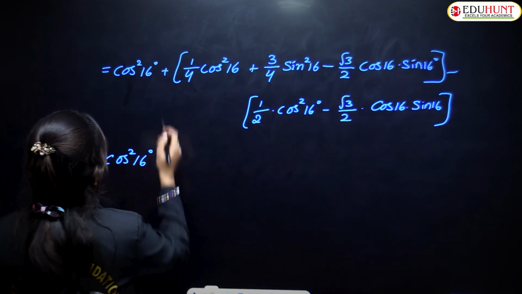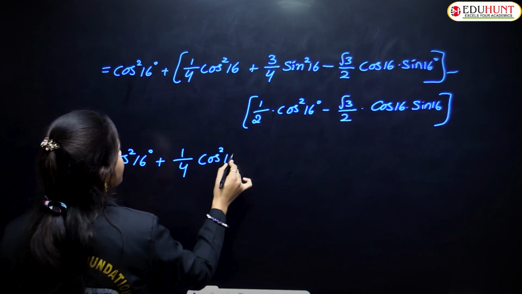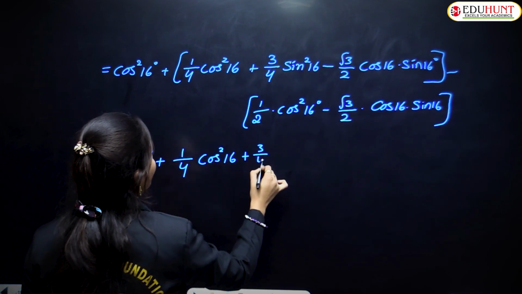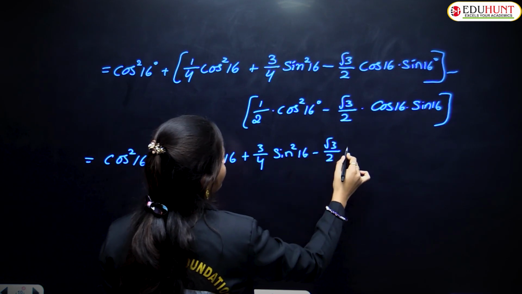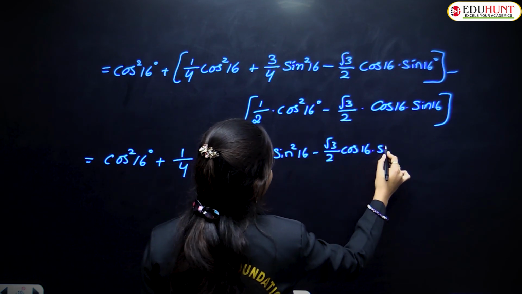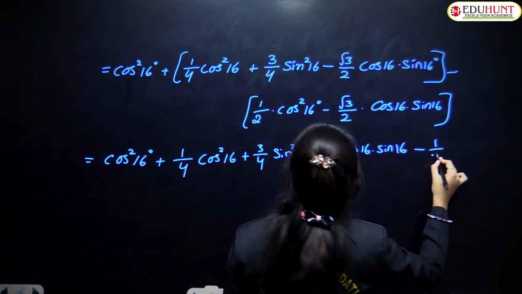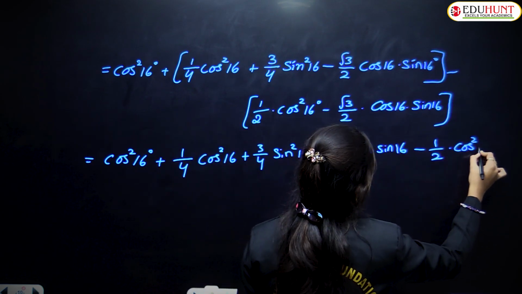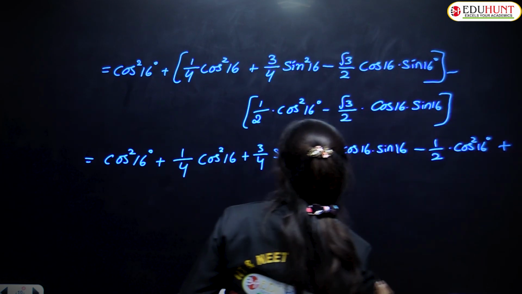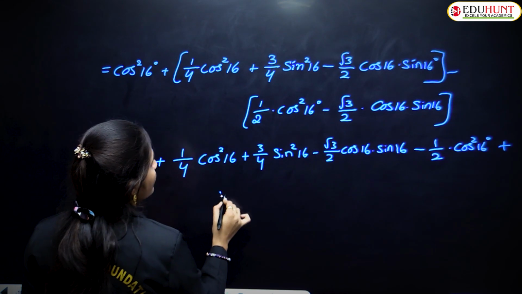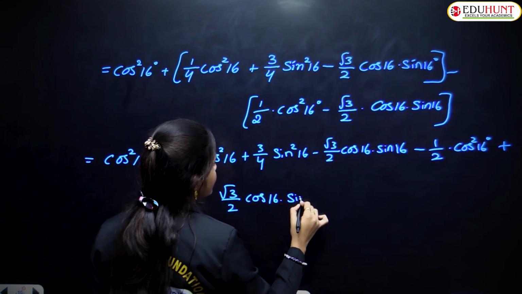So children, see here: cos square 16 plus 1 by 4 cos square 16 plus 3 by 4 sin square 16 minus root 3 by 2 cos 16 sin 16, minus of minus into plus, that is minus 1 by 2 into cos square 16 degrees, and here minus into minus, that is plus root 3 by 2 cos 16 sin 16.